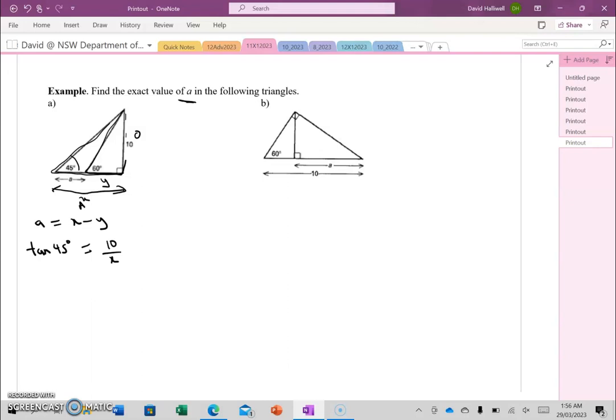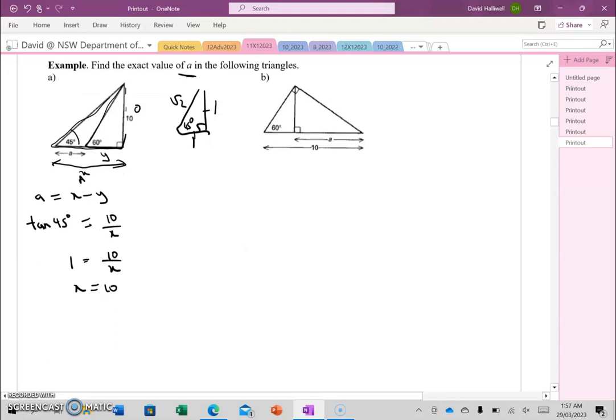Now tan 45 is 1 on root 2, no it's not. It's just 1. Apologies. Okay, so I'll quickly draw the triangles and that'll make it a bit easier. So tan of 45 is 1, so x is equal to 10.